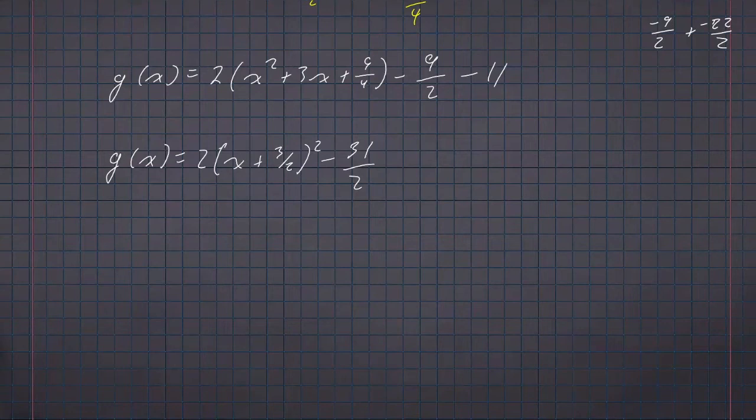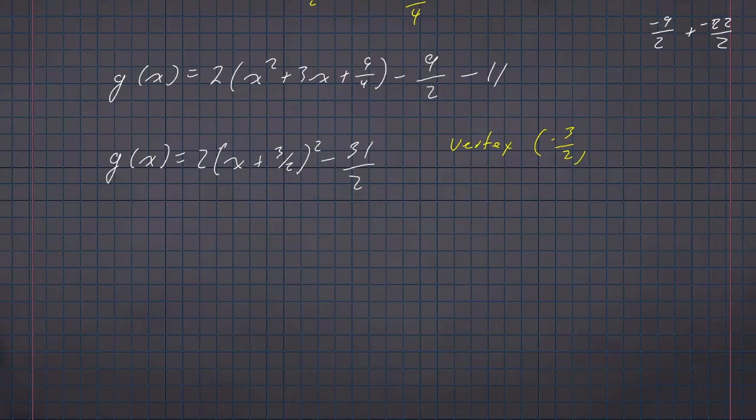All right, we've got some fractions this time, but fractions don't really hurt anything. We can find our vertex, which is going to be at -3 halves. Again, remember, that's supposed to be subtraction in the standard form of the parabola. Because it's addition here, we need to make this guy negative.